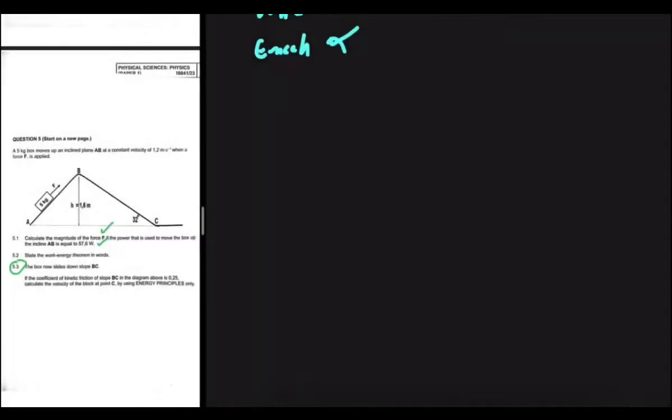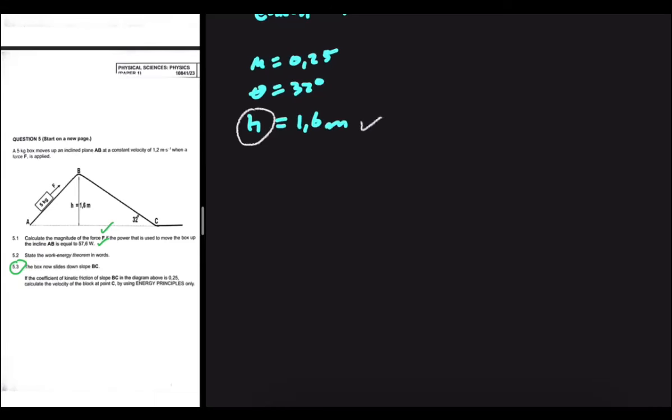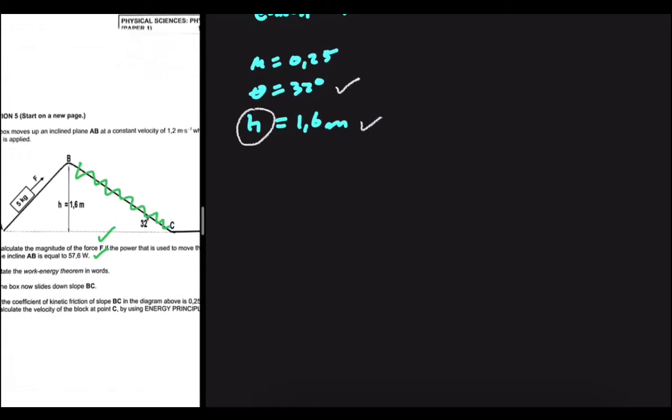We have the coefficient of kinetic friction. It is 0.25. We have our angle theta, which is equal to 32 degrees. We have our height, which is equal to 1.6 meters. What else do we have? Obviously, from the height and our angle theta, we can find the length of our incline.